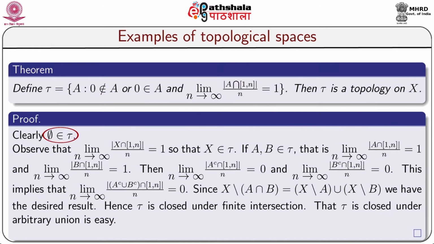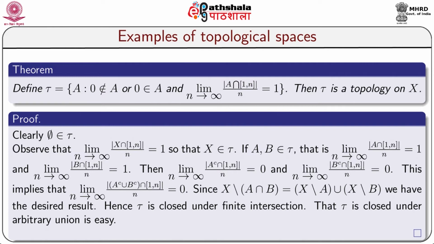Clearly the empty set belongs to tau, and obviously X belongs to tau, because the cardinality of X intersection {1, ..., n}, divided by n, is equal to 1, so the limit will go to 1. Now let A, B belong to tau, that is, the limit of the cardinality of A intersection {1, ..., n} divided by n is equal to 1, and similarly the limit of the cardinality of B intersection {1, ..., n} divided by n is equal to 1.